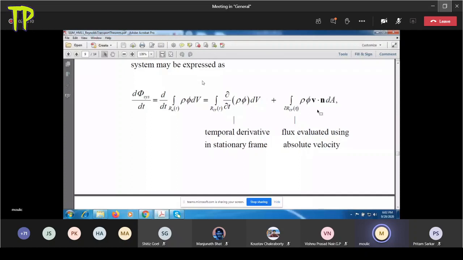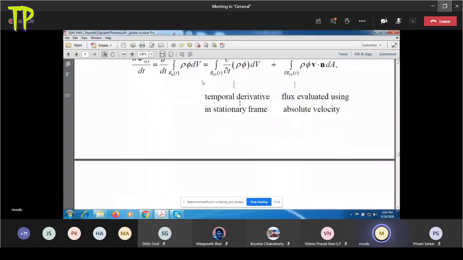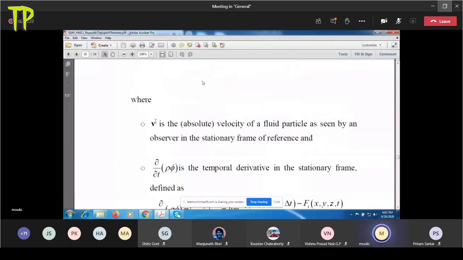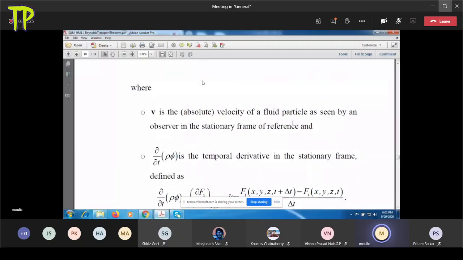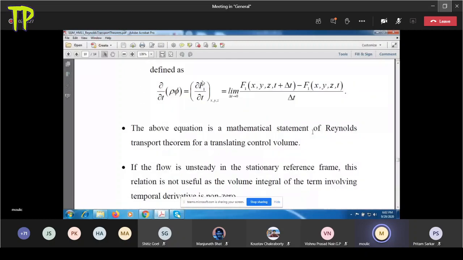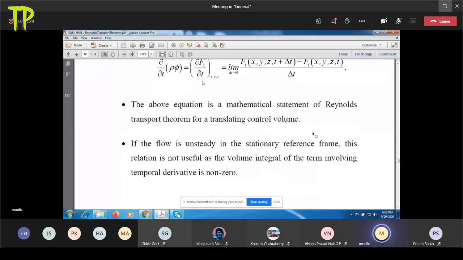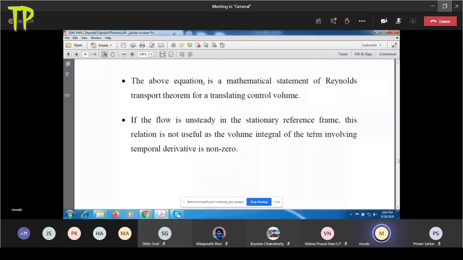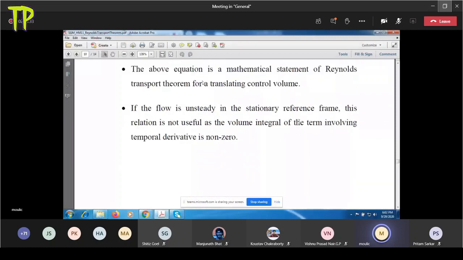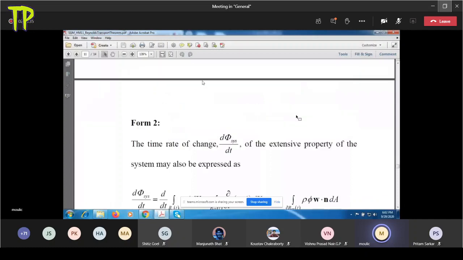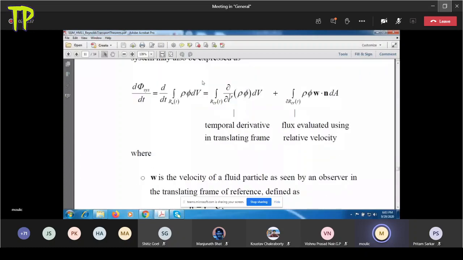However, when the control volume is moving, this unsteady term may be non-zero and it may be a large number. Here V is the absolute velocity of the fluid particle, and this is the temporal derivative in the stationary frame. So this is not very useful when the flow is unsteady in the stationary frame. An equivalent form, which I'm calling form 2, has del/del t prime.